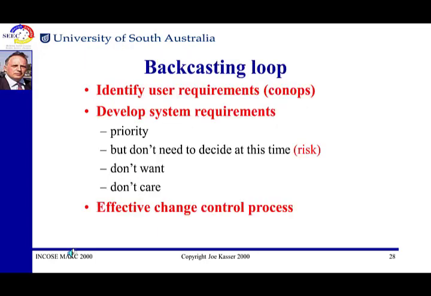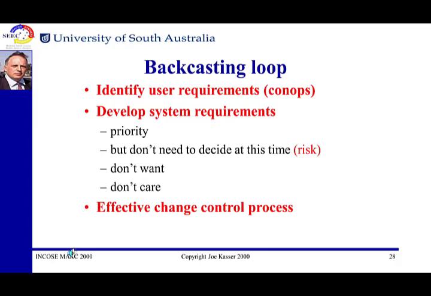So instead of forecasting requirements, we have to identify the user requirements in terms of the concept of operations and then backcast, figure out how we get from the concept of operations to the present state, and then move forward. So we develop the system requirements from the user requirements, prioritize them, and figure out which ones we don't need to decide at this time, and there's a risk there, so you have to get it right.